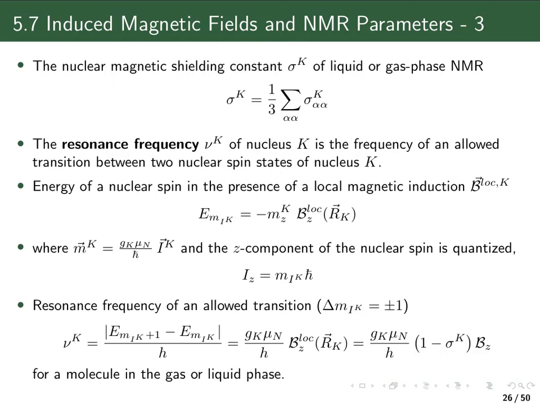So it's the sum of the XX, YY plus ZZ, or in general of the diagonal elements, divided by 3.